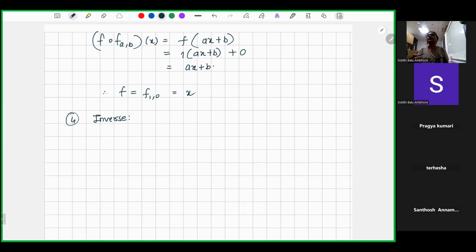But in general, there are operations where it's closed, it could be associative, and a unique identity exists, but the inverse need not be unique. So to declare something to be a group, we must have a unique identity, yes, but we must also have the inverse to be unique as well.